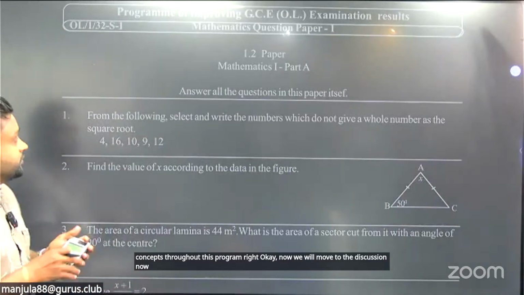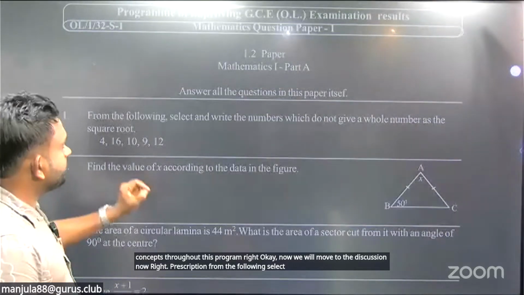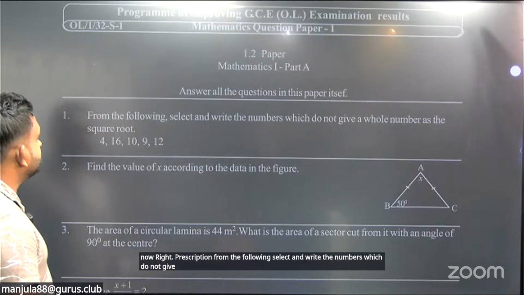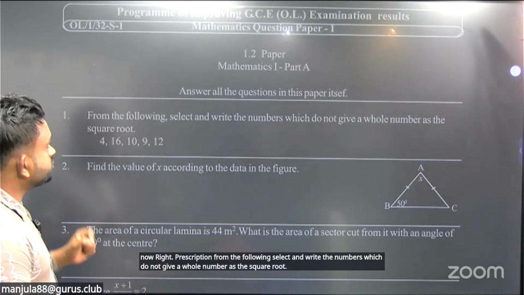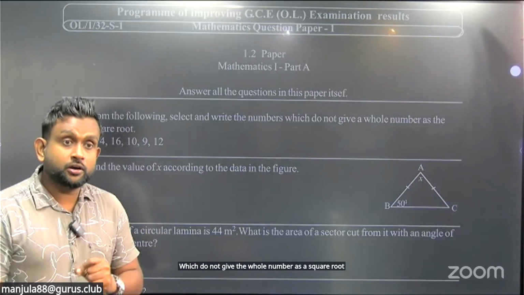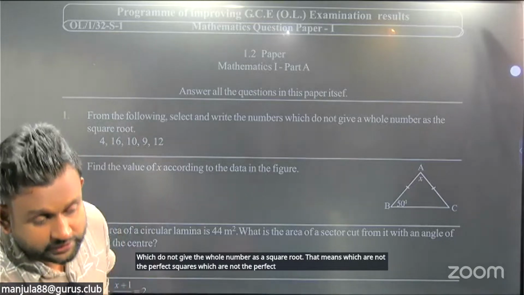Right, first question. From the following, select and write the numbers which do not give a whole number as the square root. That means which are not the perfect squares. We have to select those, right?